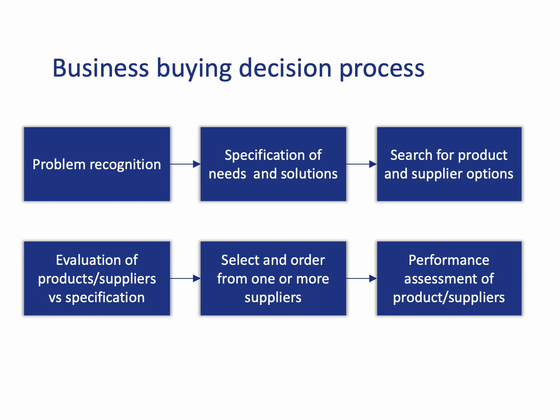Step number 4 or stage 4 is the evaluation of product suppliers versus specifications. So suppliers are evaluated according to multiple criteria such as price, service, technical support, ability to deliver, reputation, track record, and many other factors that are deemed to be relevant. And again, there will be several people from within or even outside of the organization evaluating products and suppliers versus specification.